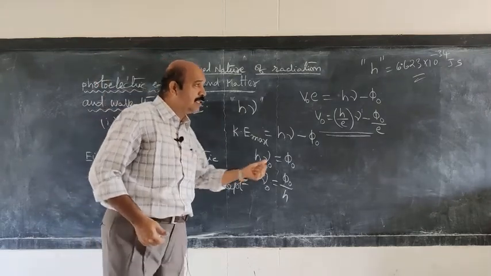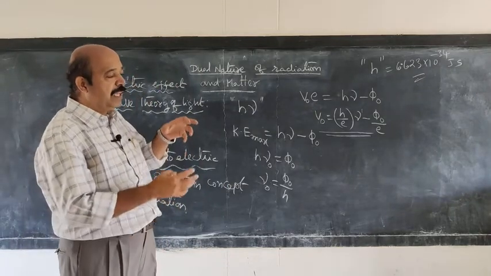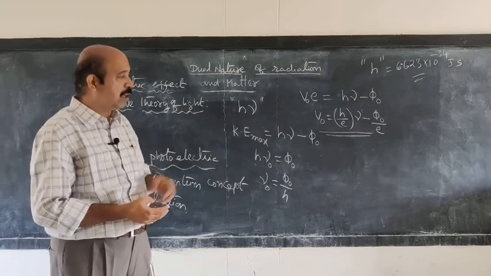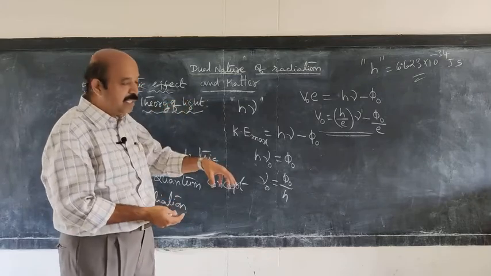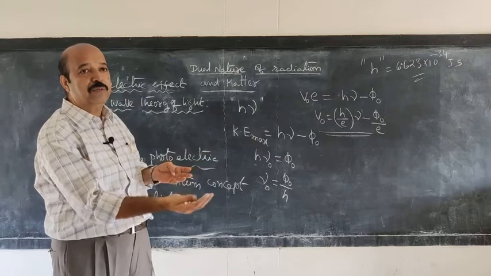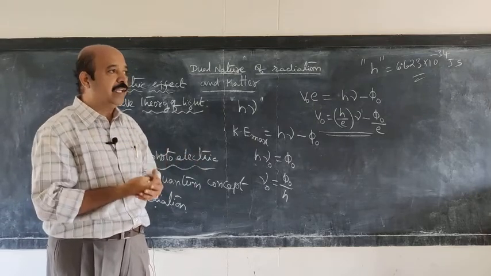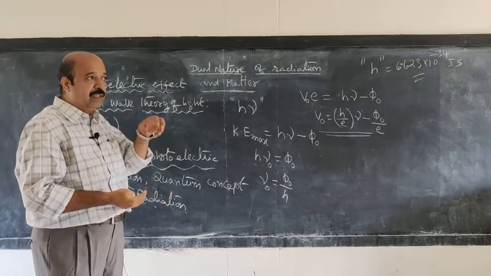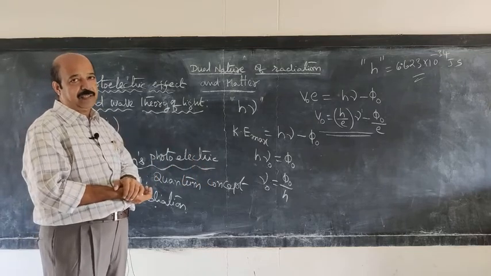And also Einstein's equation explains that each quanta of energy, later named as a photon, when it is incident on a metal surface, can transfer energy and momentum to an electron, and that electron comes out with the remaining energy as kinetic energy. So increasing intensity means increasing the number of photons falling on the metal surface.